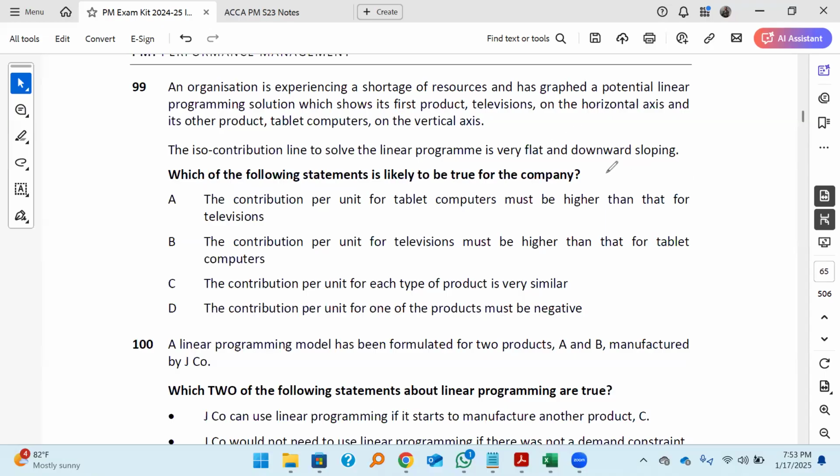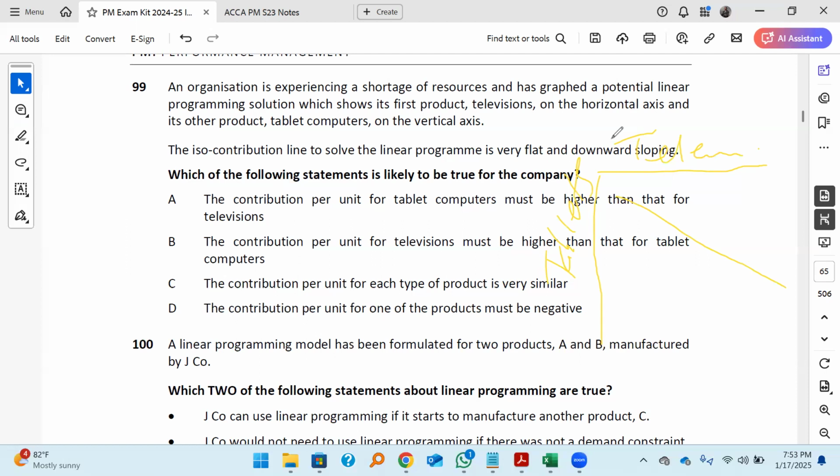If you want to visualize it, they have put the first product, television, on the horizontal axis, and the other one, tablets, on the vertical, and the equation is very flat and downward sloping, like this.